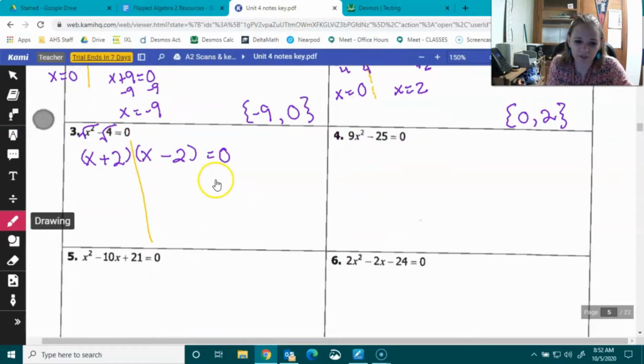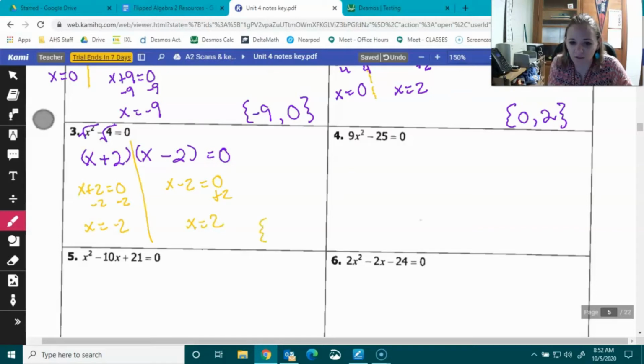The solution to this one, again, 2 is not my solution for this factor. Negative 2 is my solution to the plus 2 factor, because it's just getting this x by itself, you're going to have the opposite answer. Making our answer negative 2, 2.